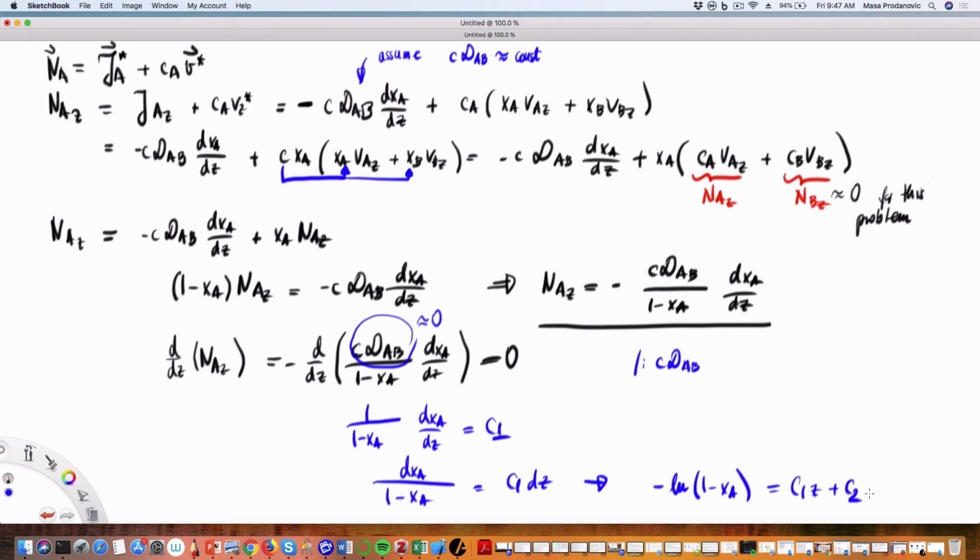So I have low concentration and concentration not changing much. So DAB in itself is then assumed constant. But when I'm also multiplying it with C, since C is relatively small and not changing much, I'm assuming that the entire thing is constant. Molar, so C is CA plus CB. Now in this case, B is not changing, it's just sitting there, right? So overall, the amount of it is not going to change.